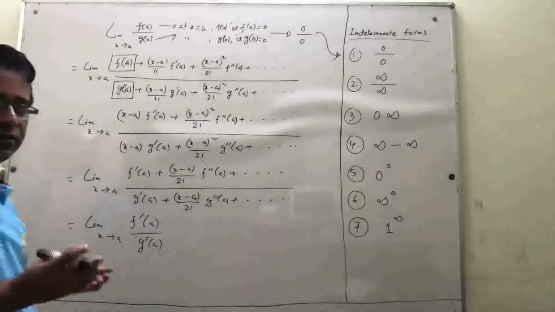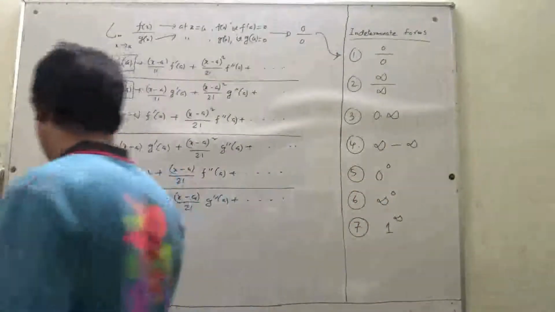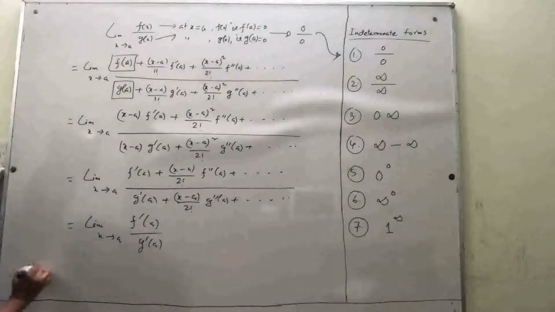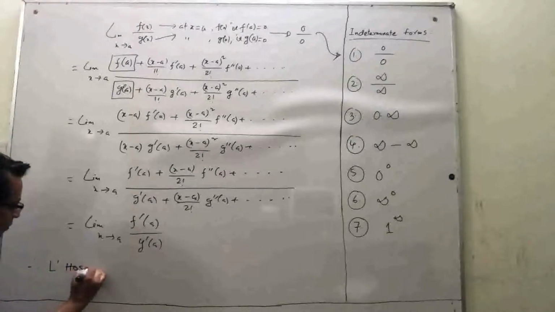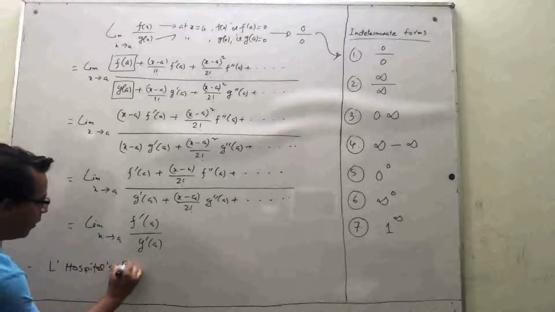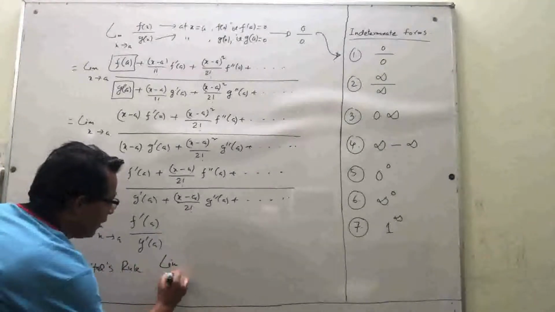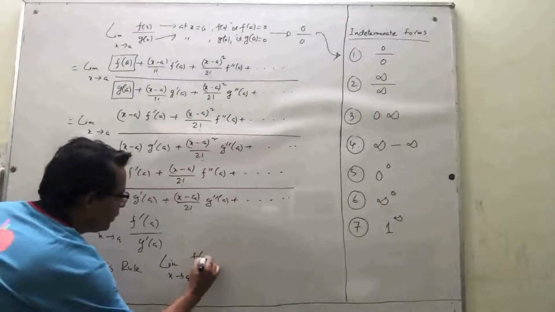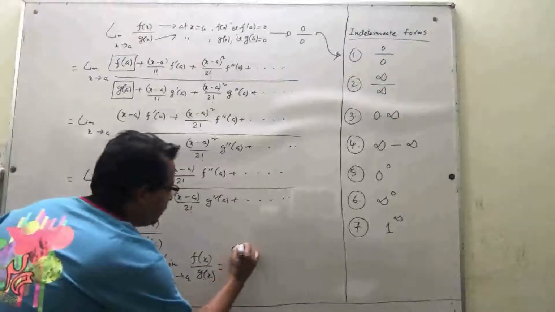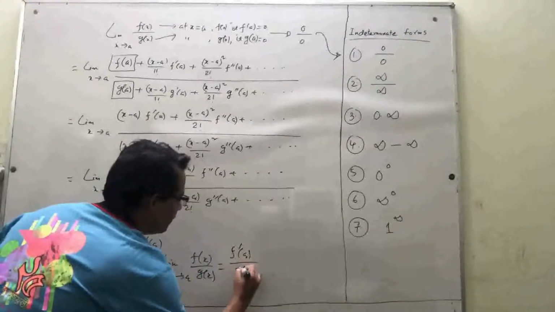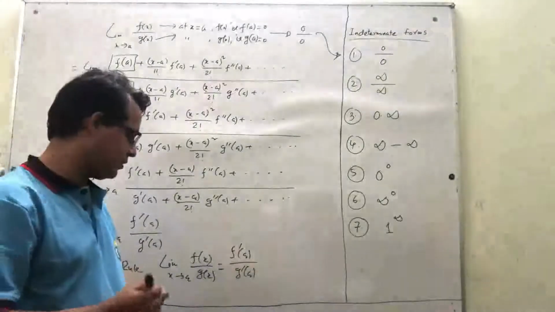This formula is known as L'Hospital's rule. That is, L'Hospital's rule is: limit x tends to a of f of x divided by g of x equals f derivative a divided by g derivative a. Here one thing is very important.